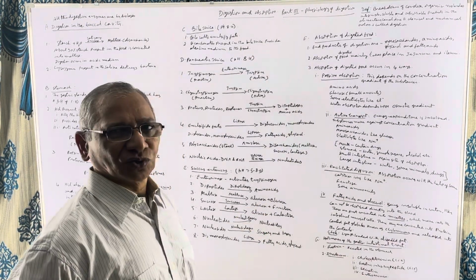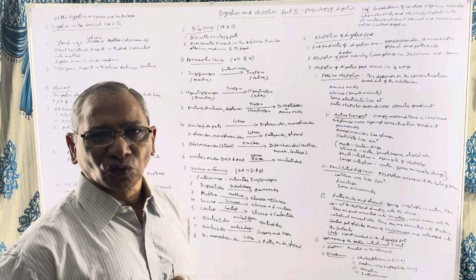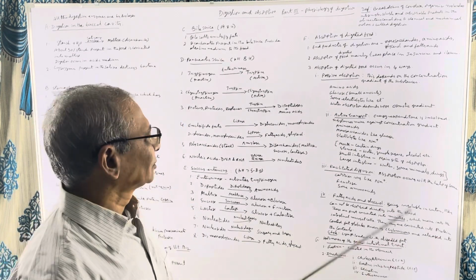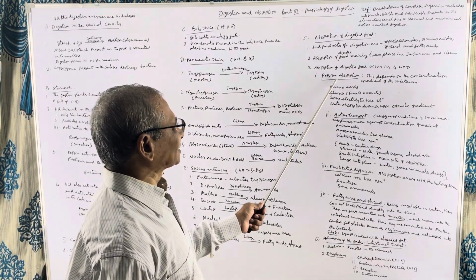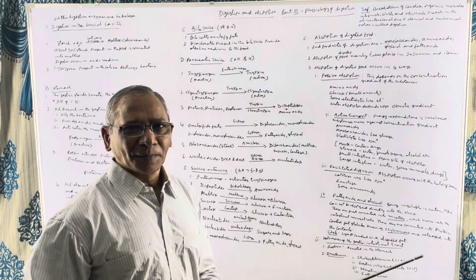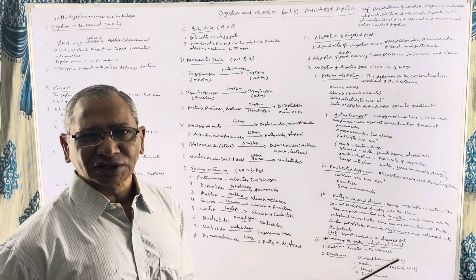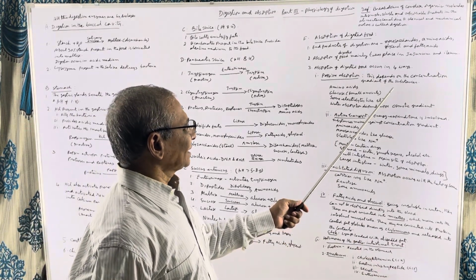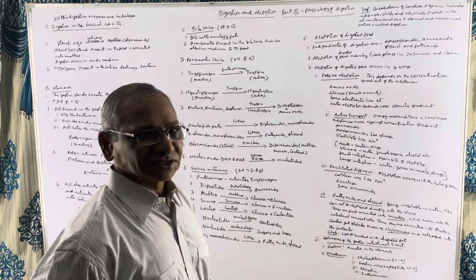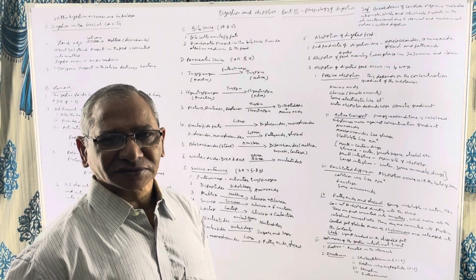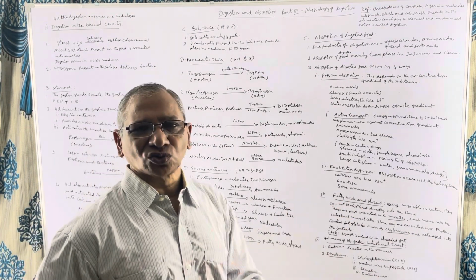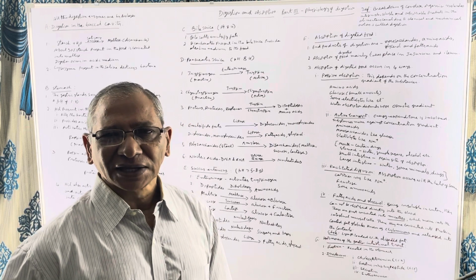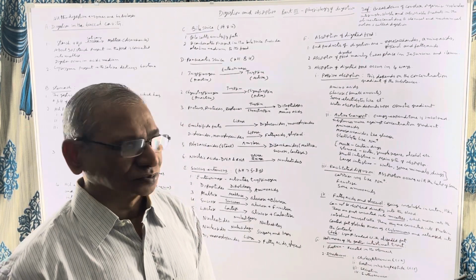Absorption of the digested food takes place in 4 ways. Now let us see what are those 4 ways. Passive absorption. Passive absorption requires no energy expenditure, and the substances move along the concentration gradient, from higher concentration to lower concentration.